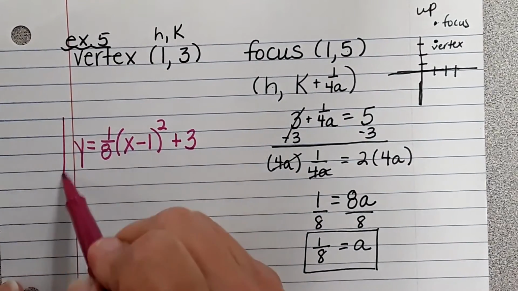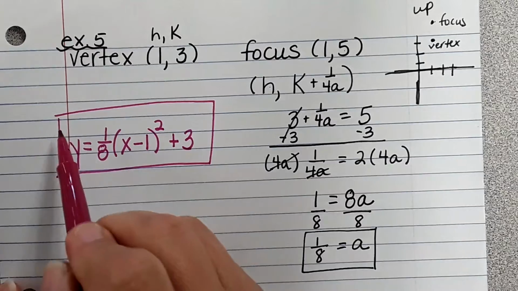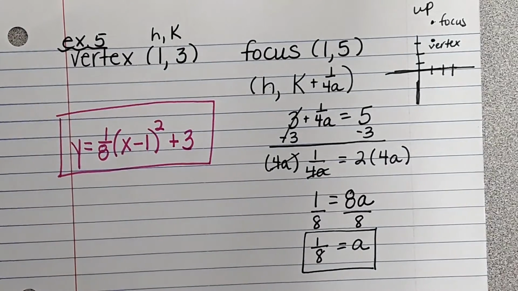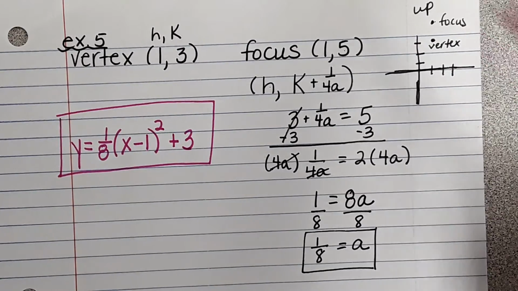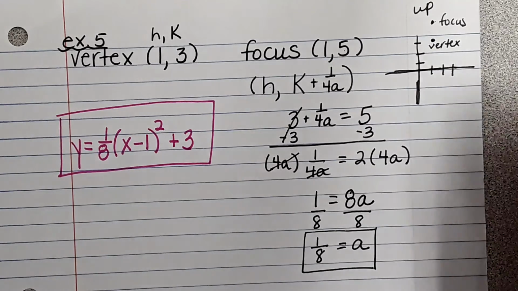So that's one thing that you have to do, and then you'll have to graph it. You would graph the vertex and the focus, you'd graph the axis of symmetry, and then you would make a table of coordinates. You would pick x points and plug them in. You can pick some to the right or to the left of the axis of symmetry. What questions do you have? Are we good?